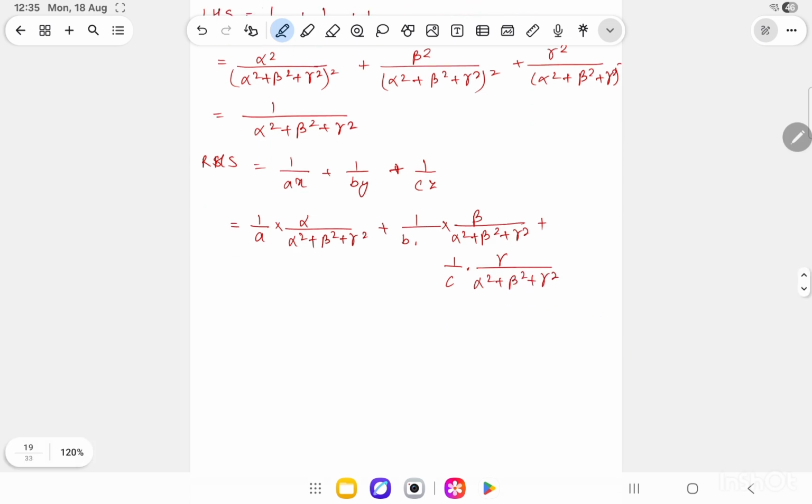I can take out 1 upon alpha square plus beta square plus gamma square as common. So I'm left with alpha upon a plus beta upon b plus gamma upon c.